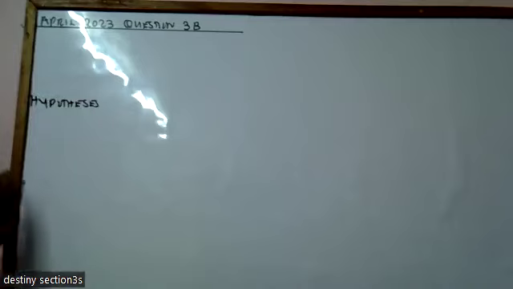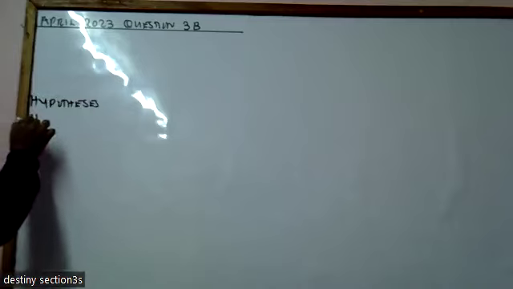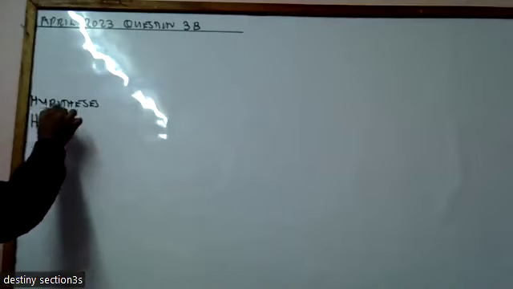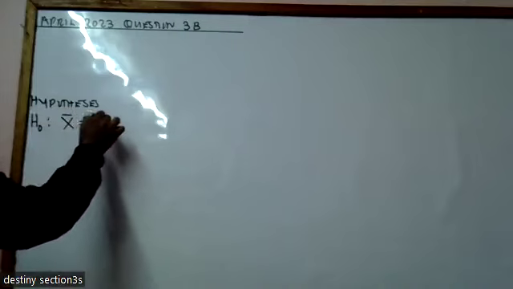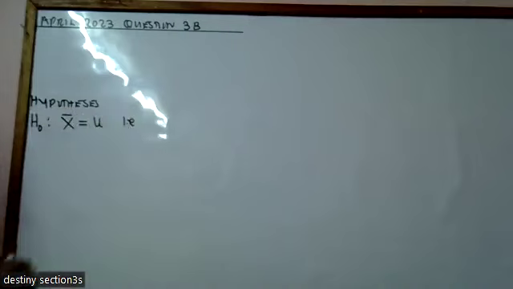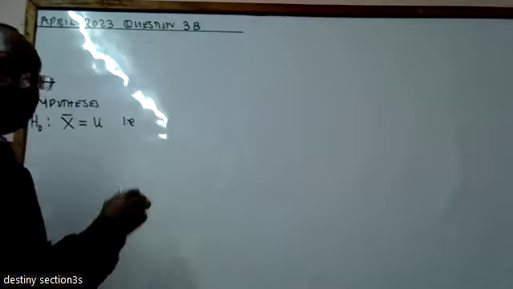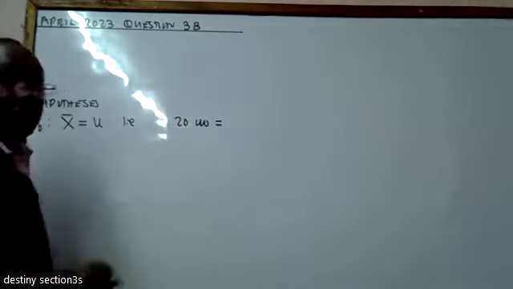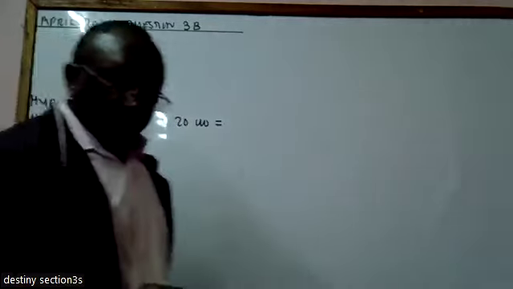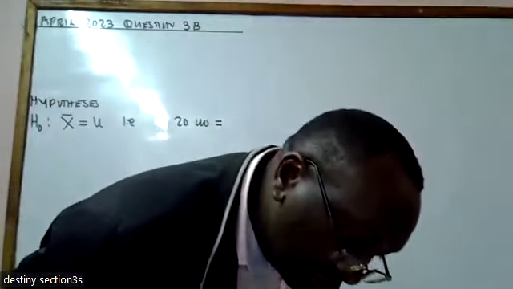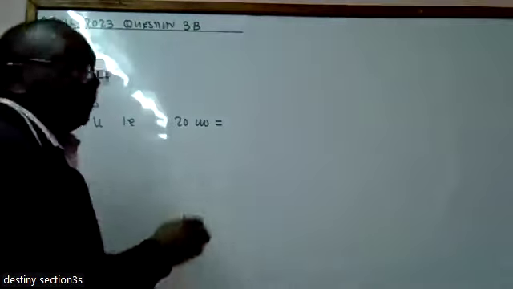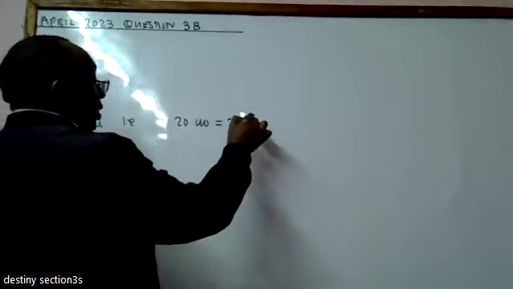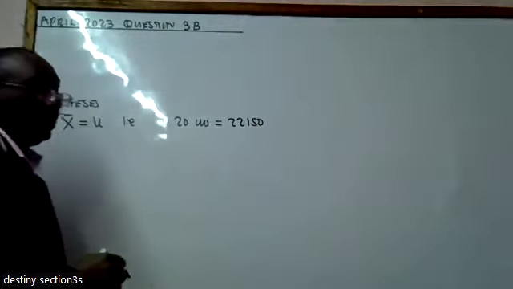And in the hypothesis, we will say that the null is that X bar is equal to mu. That is, the value we are given, 20,000, is equal to mu, which is 22,150.